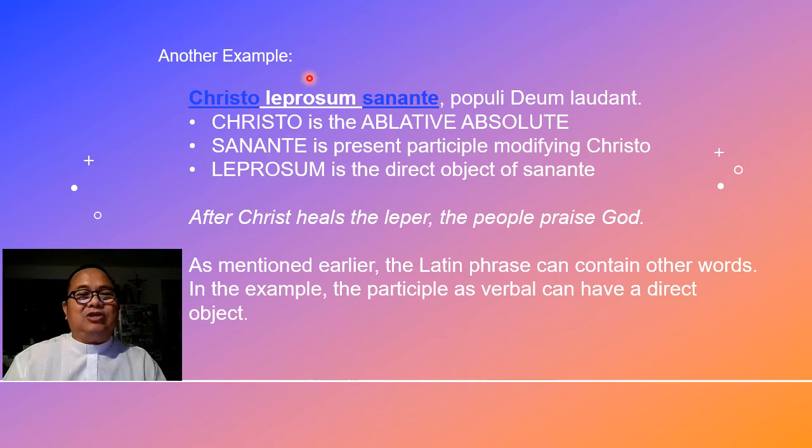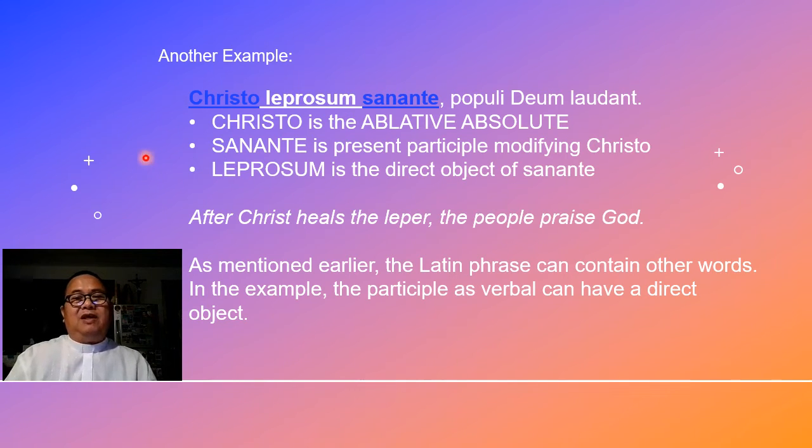Leprosum here is an additional element. Since sanante is active, it can have a direct object, and leprosum is the direct object. So, it will be translated as: after Christ heals the leper, the people praise God. As mentioned earlier, the Latin phrase can contain other words.